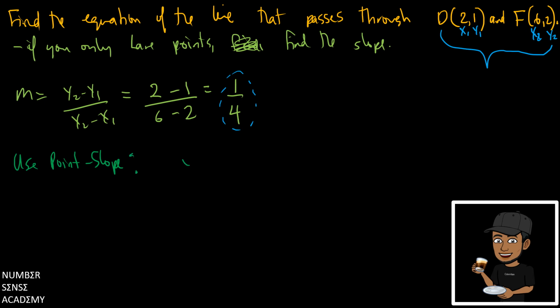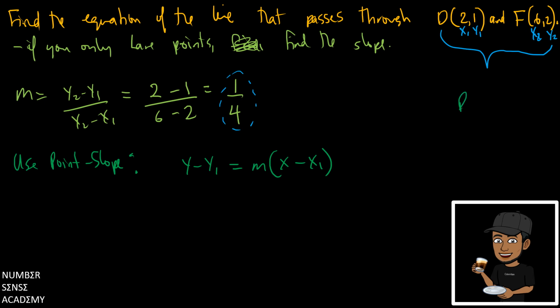So we have y minus y1 equals m times x minus x1. So just pick a point. We already used these 2 points to find the slope, so that means they're both on the line. So now I could just pick any one of these 2 points to work with.